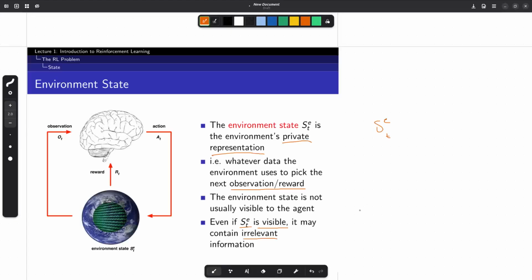Imagine a robot that is working in an environment, and the robot, most definitely, will not need the details of how atoms interact with each other in the environment. So it is part of the environment state, but our robot will not need it. So most of the time there is some irrelevant information in the environment state that we don't want.